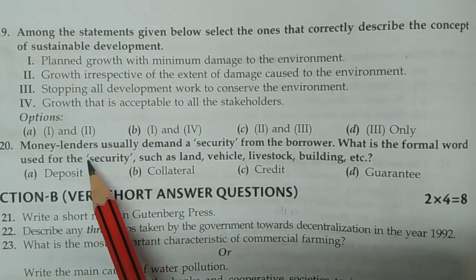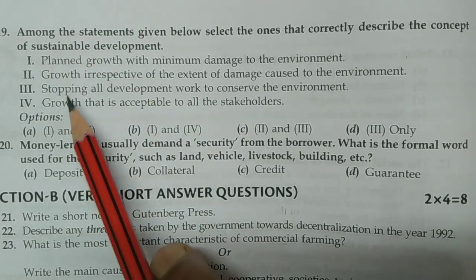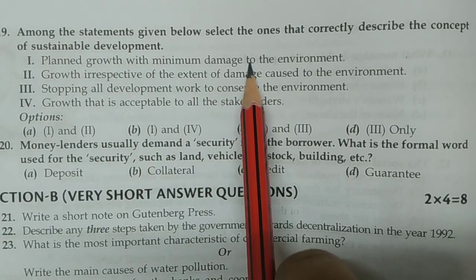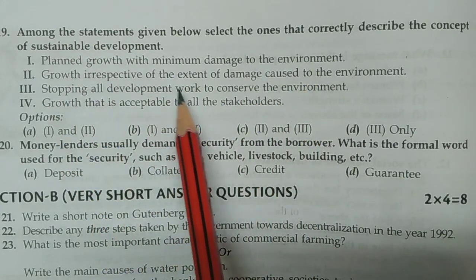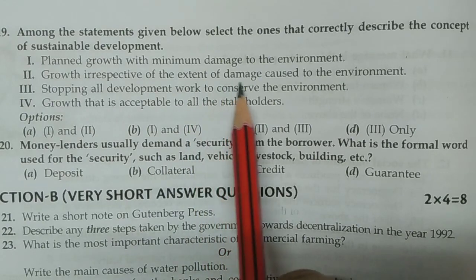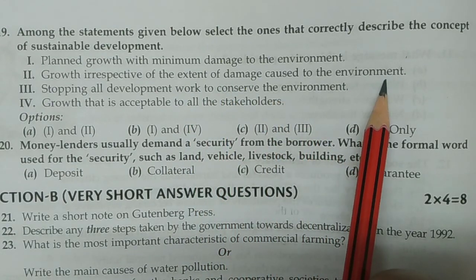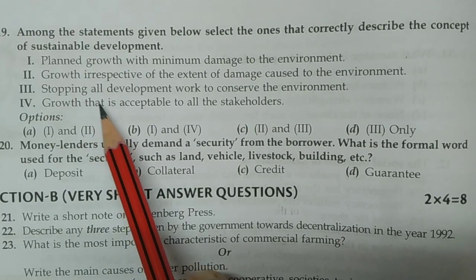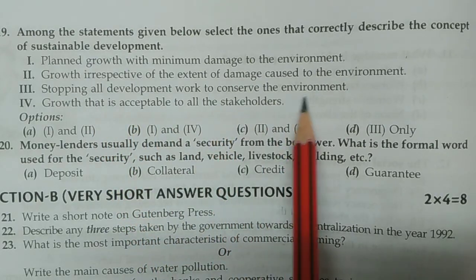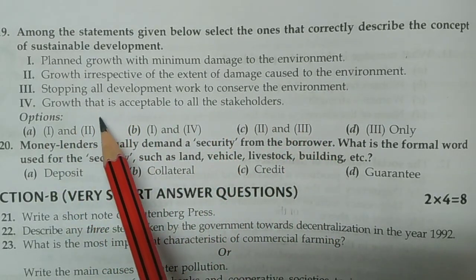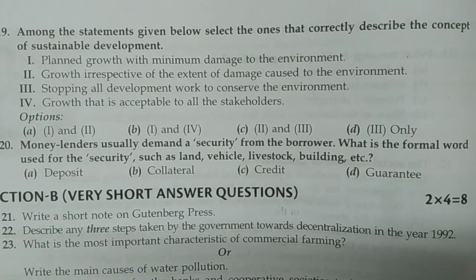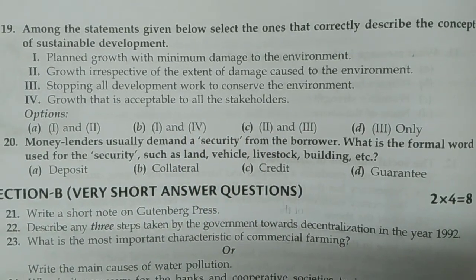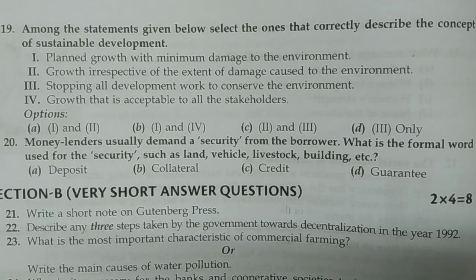So you have these 4 options. First, planned growth with minimum damage to the environment. Second, growth irrespective of the extent of damage caused to the environment. Third, stopping all development work to conserve the environment. And fourth, growth that is acceptable to all stakeholders. You can easily find the correct option and you can write your answer properly.